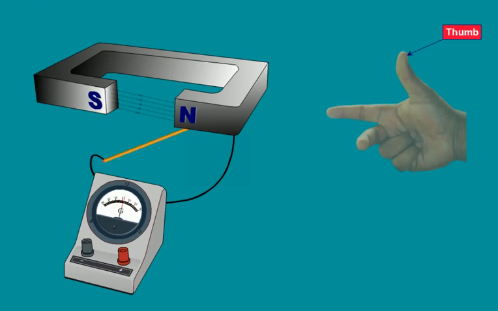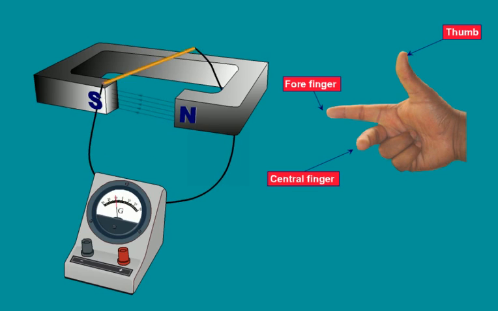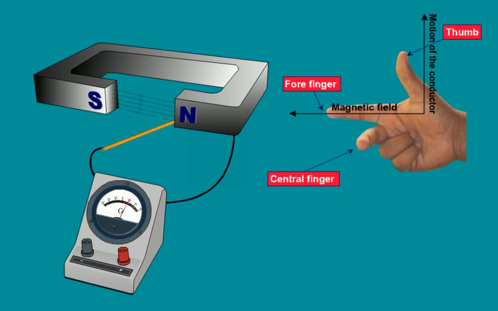Stretch the thumb, central finger and forefinger of your right hand mutually perpendicular to each other as shown in the figure. If the forefinger indicates the direction of magnetic field and the thumb the direction of motion of the conductor, then the central finger gives the direction of induced current in the conductor.